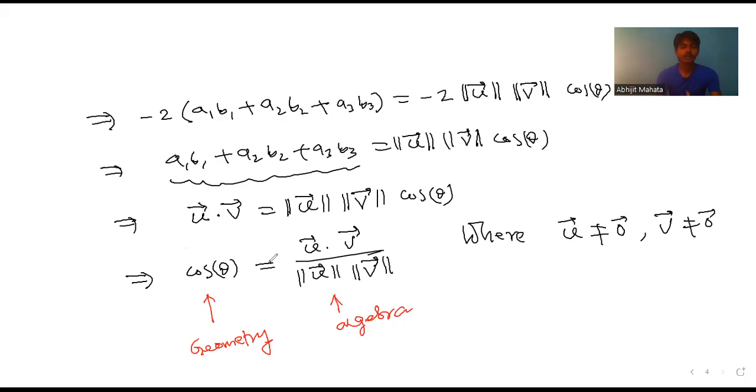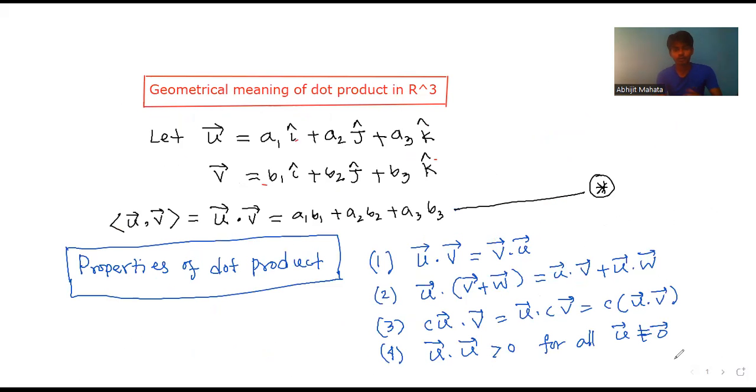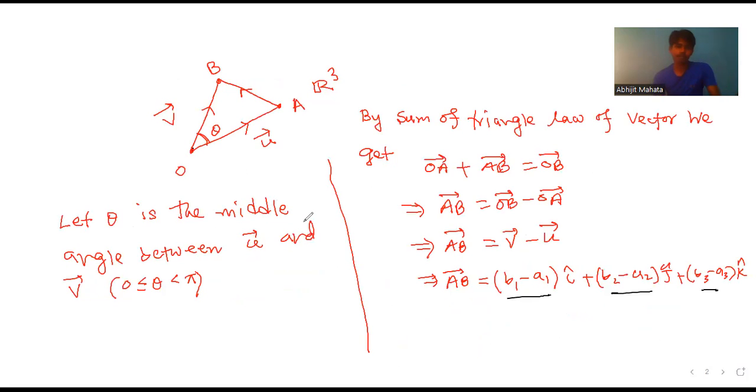And you have the equality, and we are getting this equality using all these steps. You know what we have done? First we wrote U vector component-wise, then I defined the dot product, and it has some properties. Then if you have two vectors, we draw from the initial point O to vector U and another vector V. Then we get AB here.